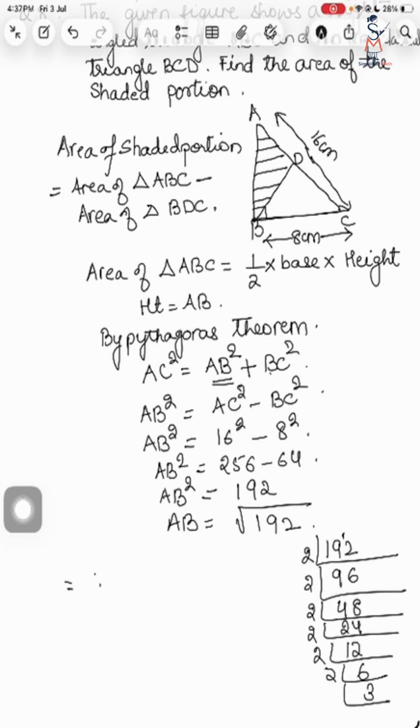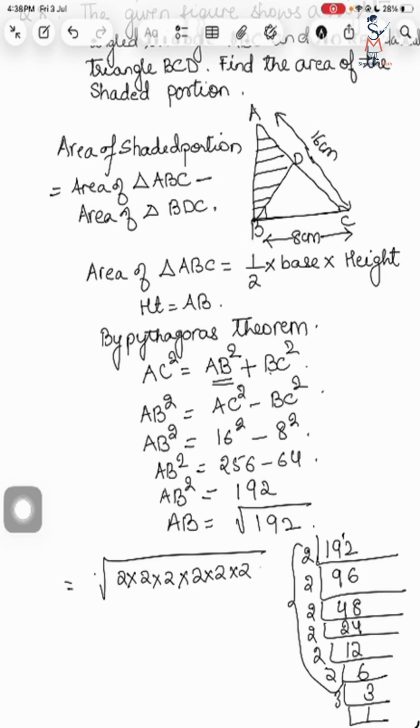Now this 192 has come out as 2 into 2 into 2 into 2 into 2 into 2 into 3.